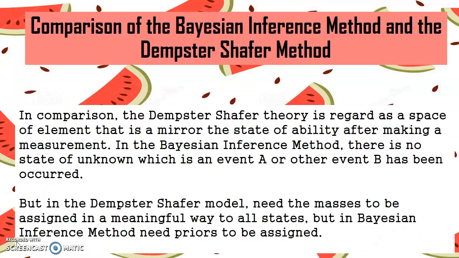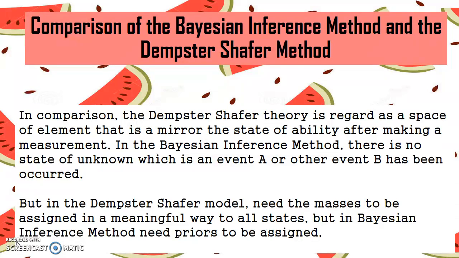Okay, let's continue to the comparison of the Bayesian inference method and the Dempster-Shafer method. In comparison, Dempster-Shafer theory is regarded as a space of elements that mirrors the state of ability after making the measurement.